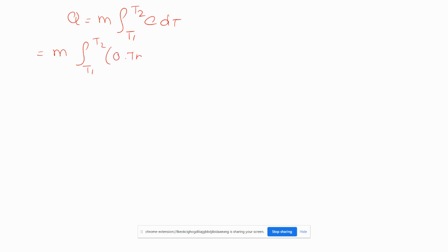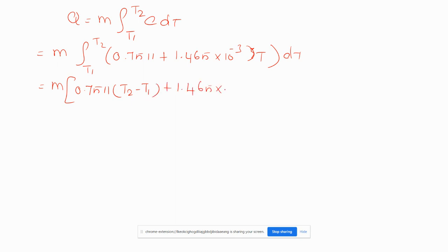So write the formula M integral T1 to T2, C data is given as 0.7511 plus 1.465 into 10 power minus 3 t, dt. Now this can be written as M into 0.7511 into (T2 minus T1), plus 1.465 into 10 power minus 3 by 2 into (T2 square minus T1 square).